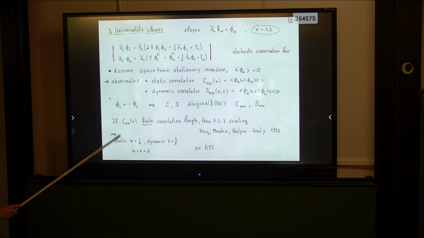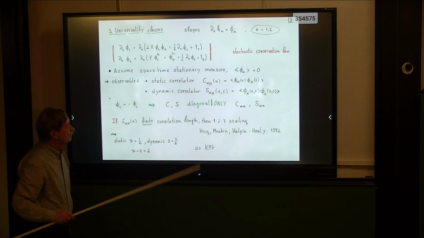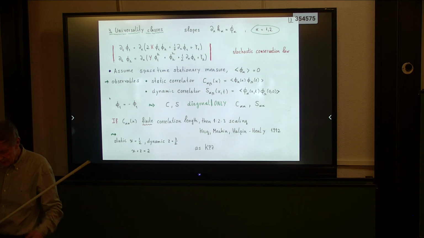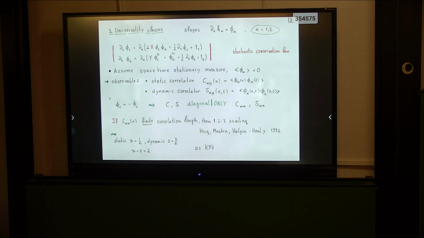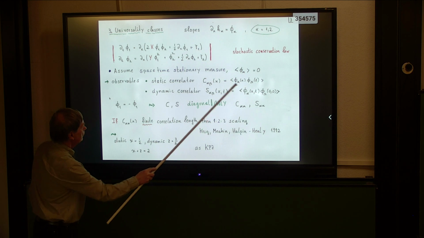And then we did some numerical simulation, and it's very strongly suggested by this stochastic equation and by the numerical simulation that when I look at the steady state, it actually still has a finite correlation length. This will play a somewhat important role later on, but let me go through this a little bit more step by step. So the first thing I look at is the static correlator.